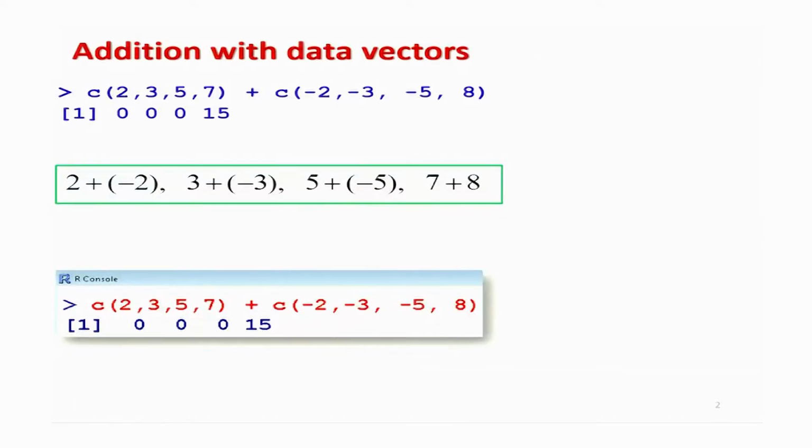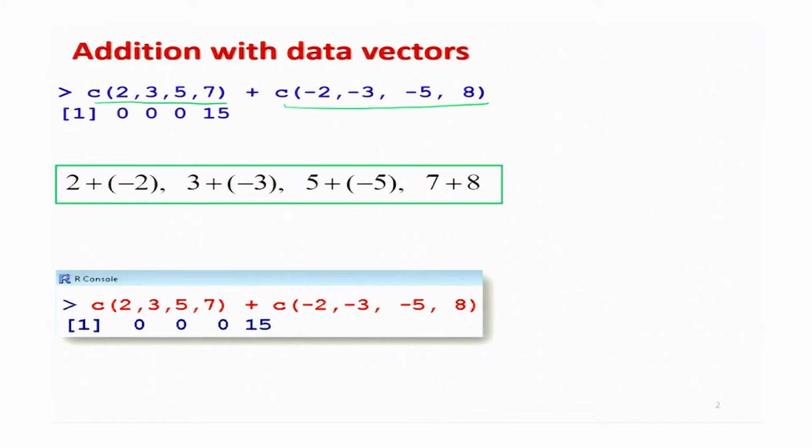Now we are going to consider the operations between data vectors. I am saying between because we are considering a very simple case of 2 data vectors, which can be extended to any number, which I will discuss later on. Let me first take a very simple example in which I have a data vector with 4 values 2, 3, 5 and 7, and a second data vector which also has 4 values -2, -3, -5 and 8.